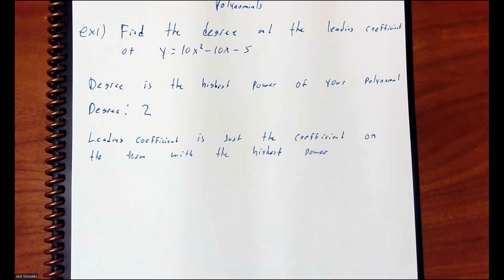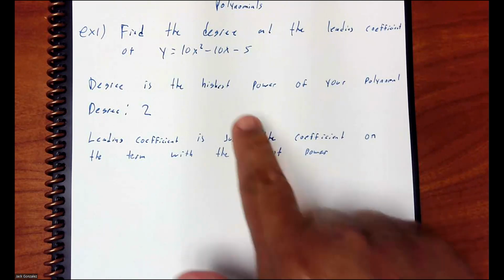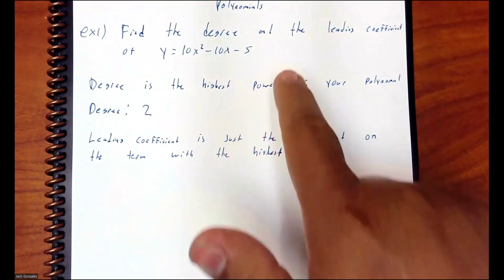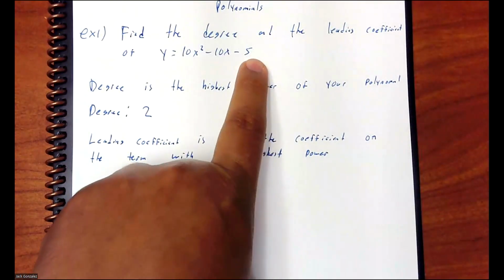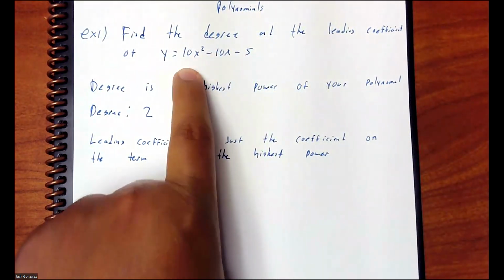Yeah, like that could be a term. So how many terms do we have here? Three of them. A term is anything that's separated by a plus or a minus. That's all it is. Anything can be a term, like the constant, the 10x, the 10x squared.